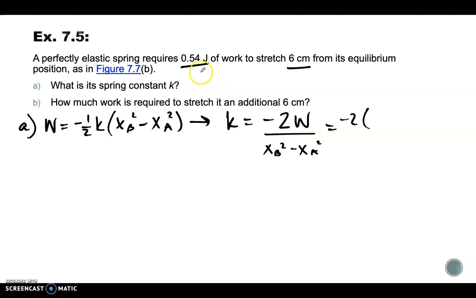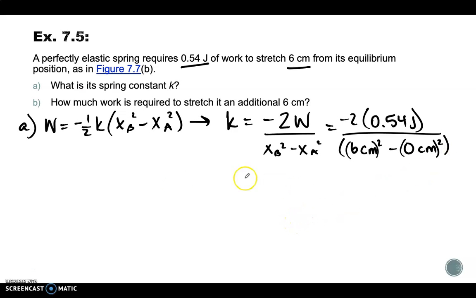So we have 2 times 0.54 joules divided by x_b squared, our final point, which is 6 centimeters squared, minus its equilibrium position, which is 0 centimeters squared.